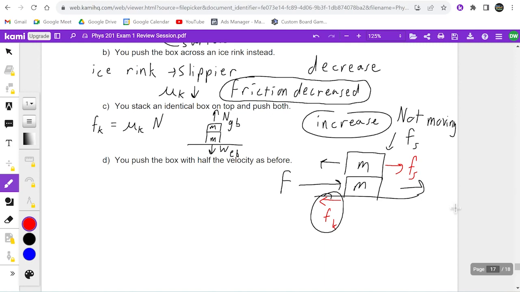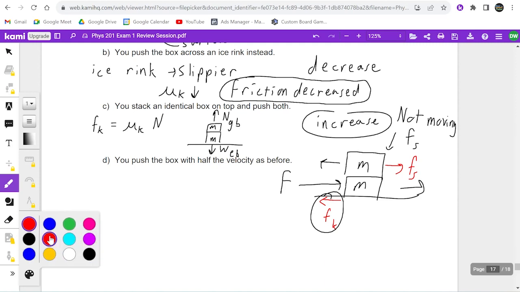So I think something like this will be on the exam, but he's not going to make us solve it. He said it's going to be more conceptual. Yes. One thing I always get confused on, even though I know, is the force, the pushing force, when you draw the free body diagram for the top box. Do you have to draw that for the top box or just the bottom?